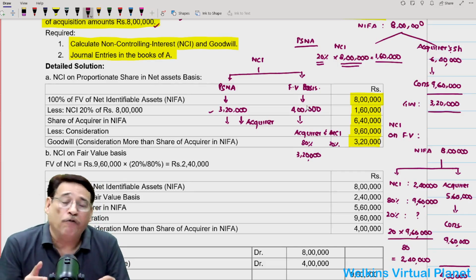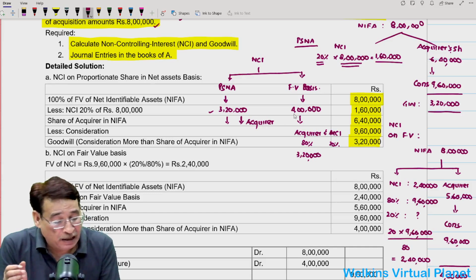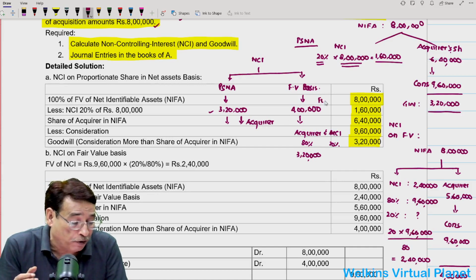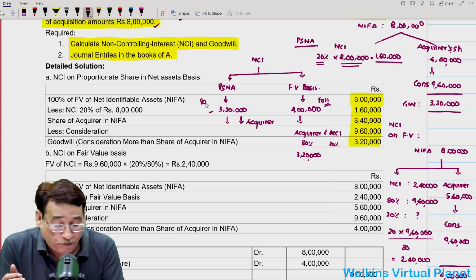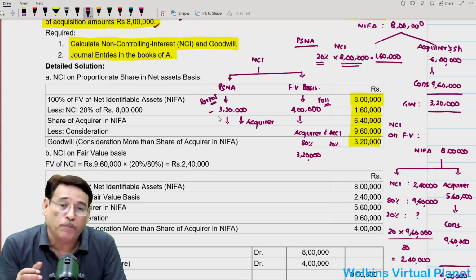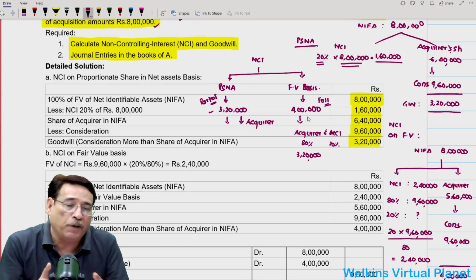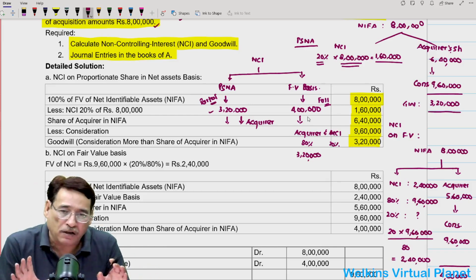That is why when we compute NCI on fair value basis, whatever goodwill we get is known as full cost of goodwill. It is also known as full value of goodwill. And in the other case, what we get, we call partial goodwill, because it shows only the partial share of the acquirer. Here it shows the full value of goodwill, that means it reflects the share of both acquirer and NCI. Is it clear to you or not?